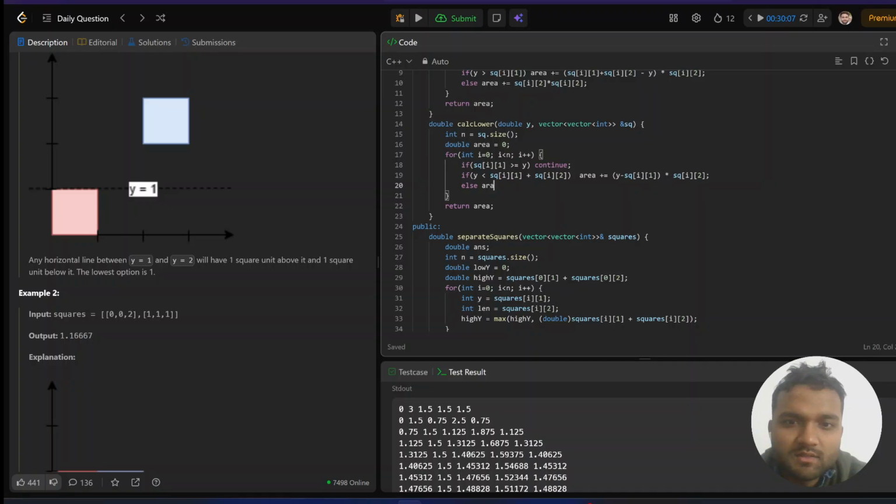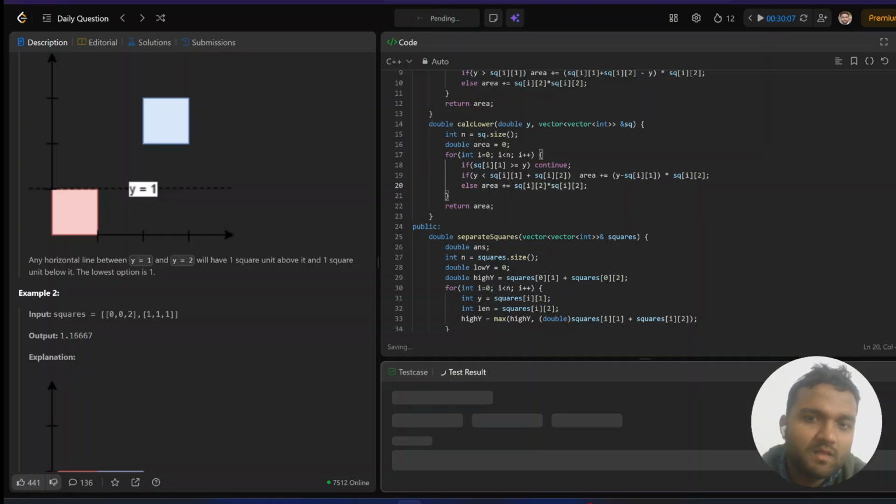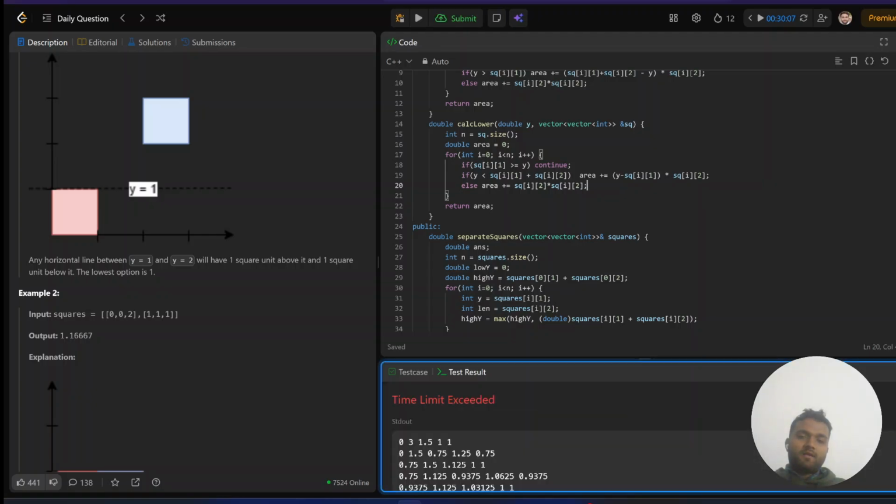Otherwise, just do this. Again, again, again.